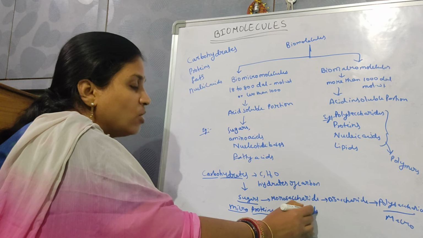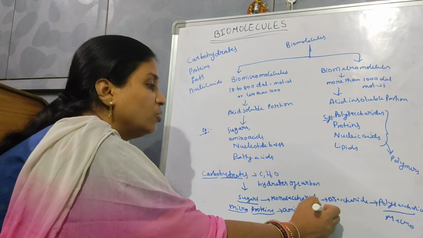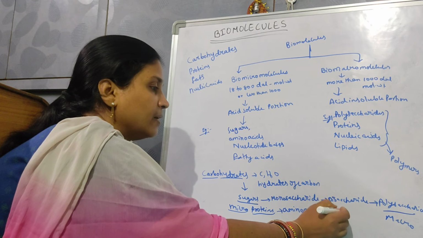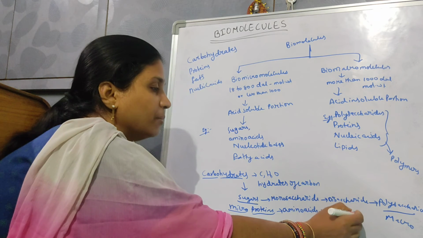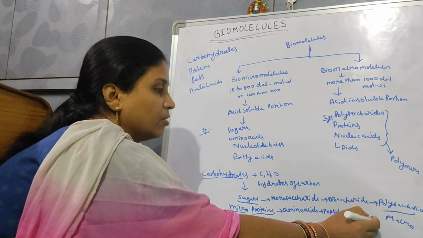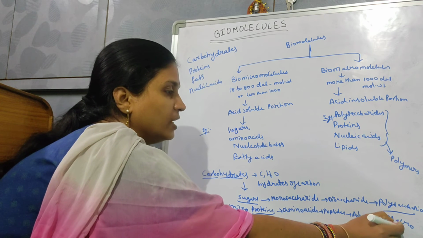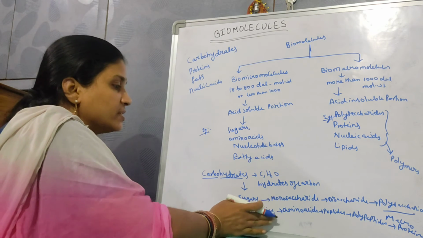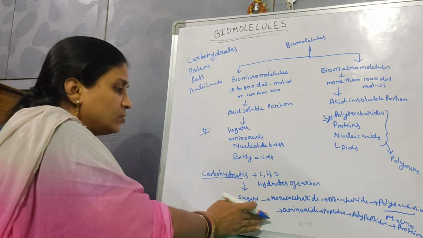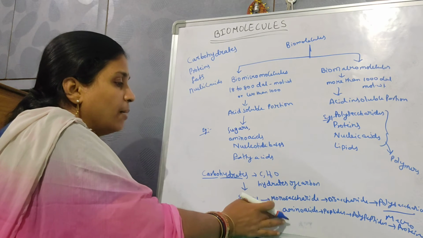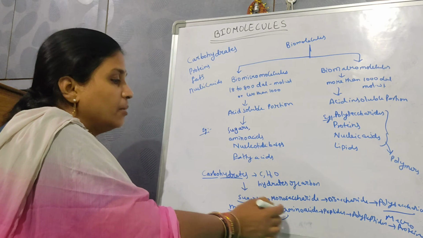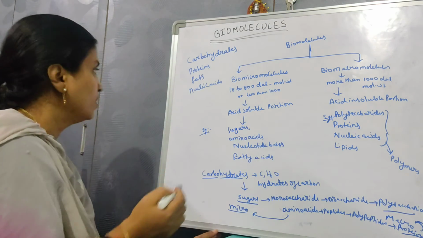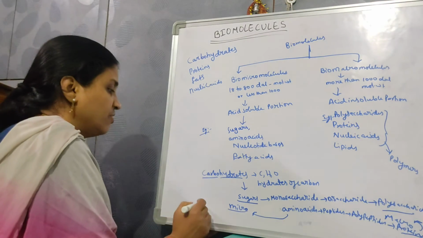These amino acids combine to form peptides, to polypeptides, to proteins. So amino acids are the micro ones, whereas the proteins are the macro ones.